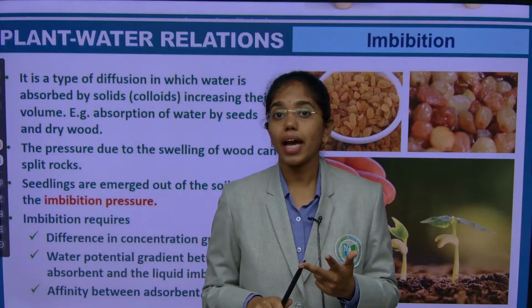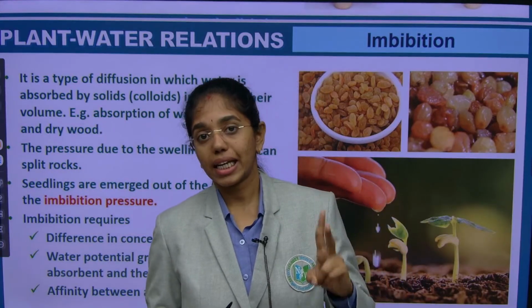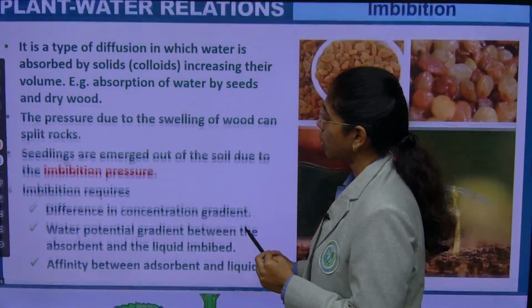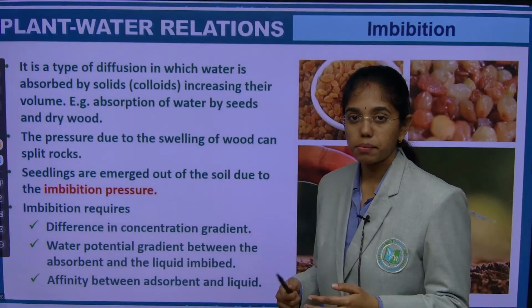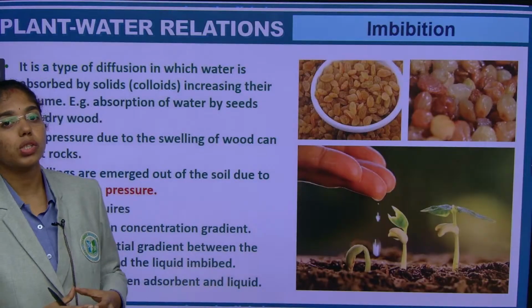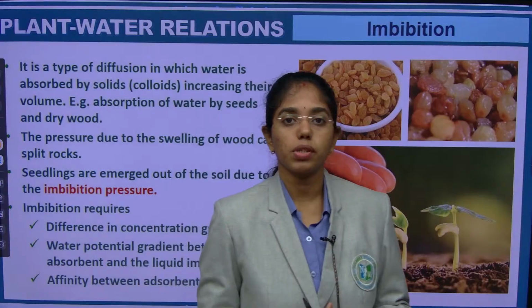And lastly, we went through two major processes, plasmolysis and imbibition. These are major concepts which have appeared many times; application-based questions are asked on plasmolysis, and questions are also put on imbibition.